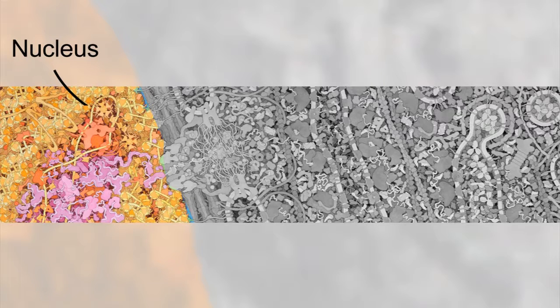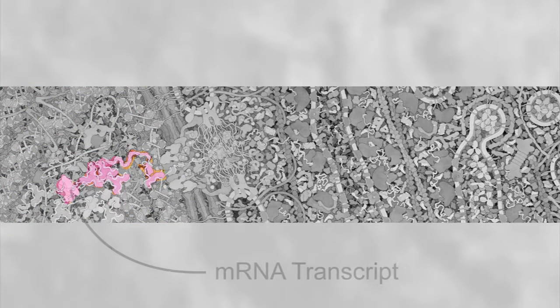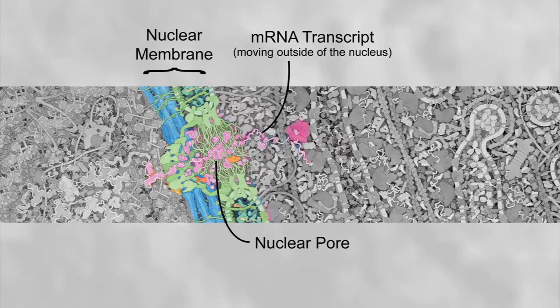Transcribing means that a messenger RNA transcript is going to be made, basically a copy from the DNA in the nucleus of those cells. That transcript then leaves the nucleus, enters the cytoplasm, and is translated into the insulin peptide.